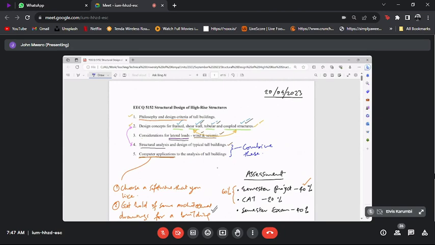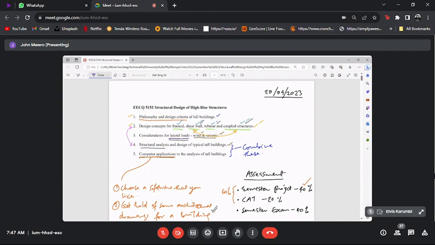We started with the design philosophy, and we talked in brief about what is used when we're designing high-rise buildings. Specifically, we didn't talk about high-rise structures, but buildings. And we have started a discussion on lateral loads.